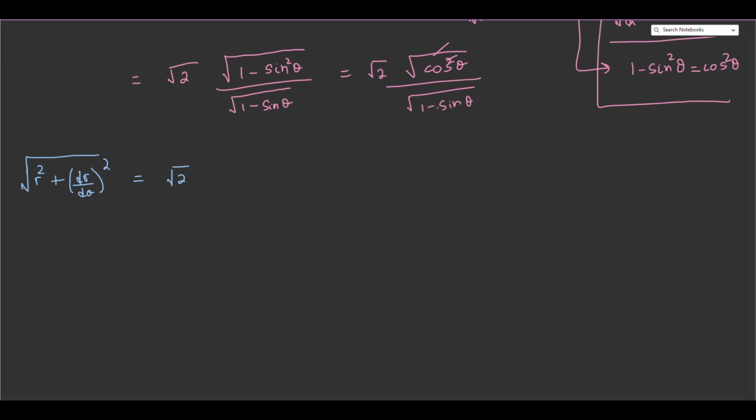You can bring this term at the top, so it will be written in this form: 1 minus sine of theta to the power minus 1 by 2, and the other term is cosine of theta. So this is our expression for under the root r square plus dr by d theta whole square.